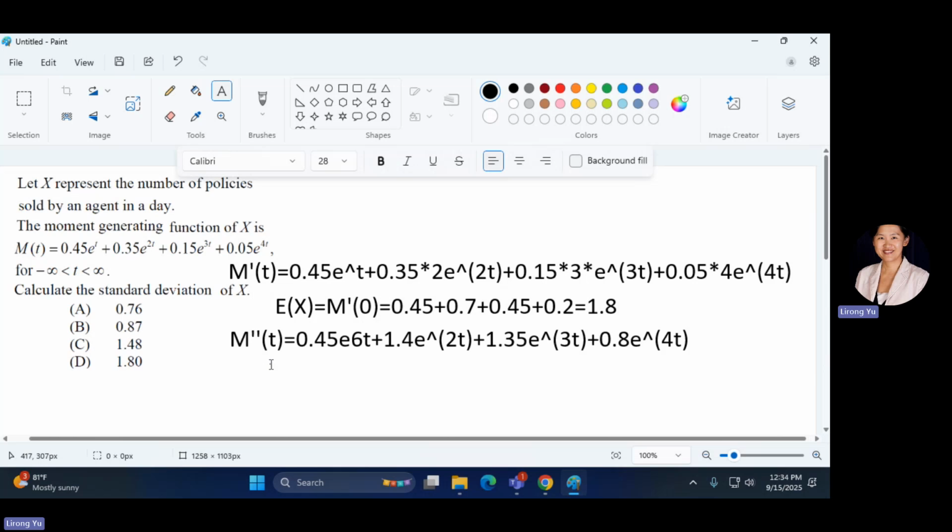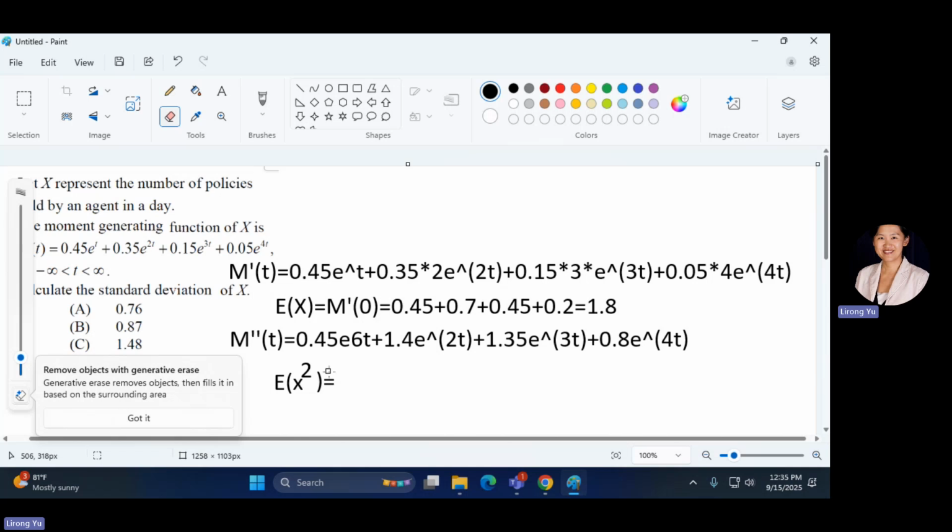And then to find the expectation of x squared, we make t equal to 0 in the second derivative of the function.